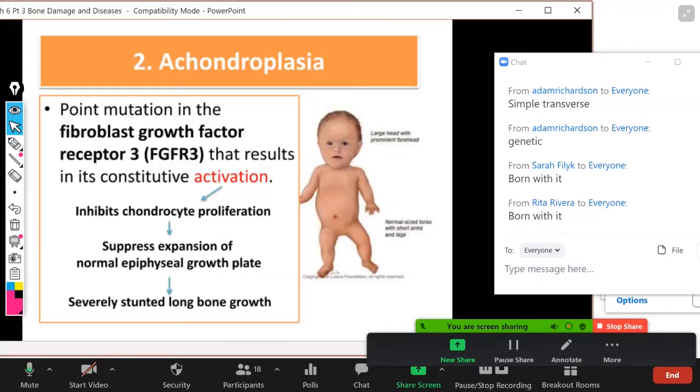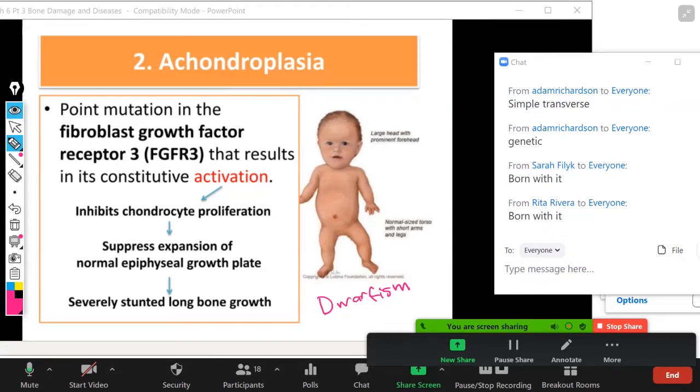All right, next we have achondroplasia. The sort of generic term for this would be a form of dwarfism. Okay, achondroplasic dwarfism. There are different kinds of dwarfisms. This is strongly genetic. It's caused by a dominant trait.